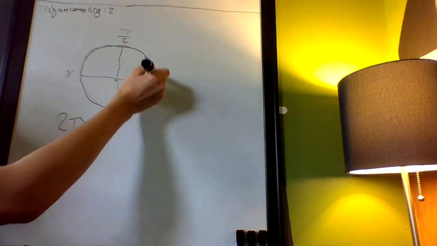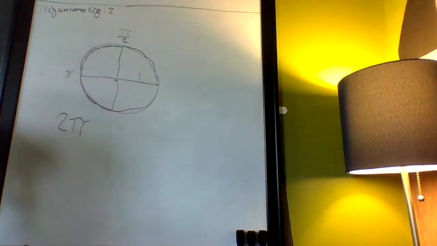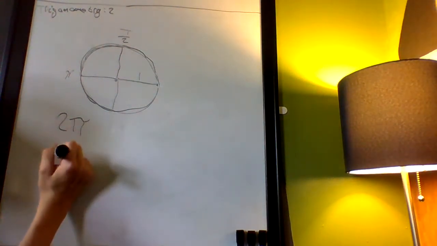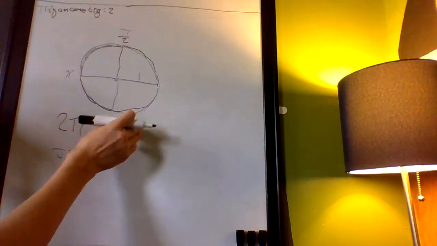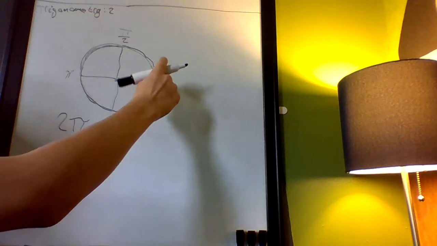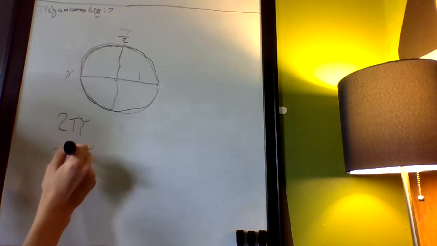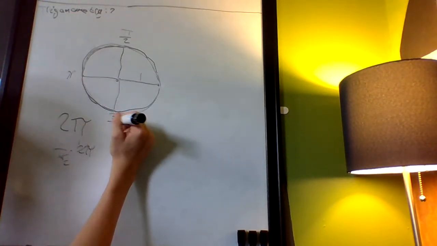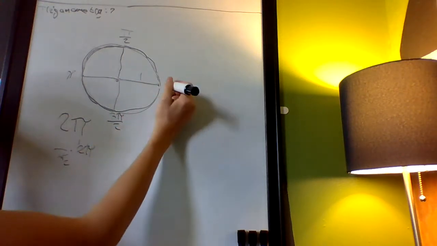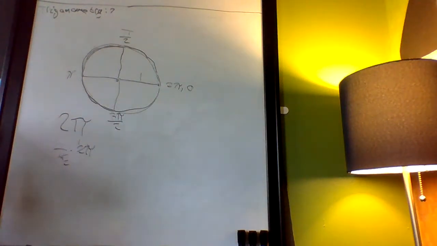This right here, this distance along there, is going to be 3/4 of the distance, 3/4 times 2 pi, which is going to be 3 pi on 2. This right here is going to be 2 pi then, but it could also be 0. You didn't move at all, okay?